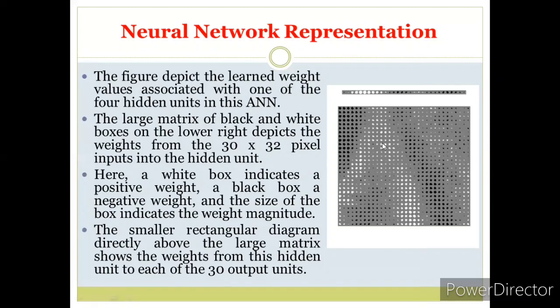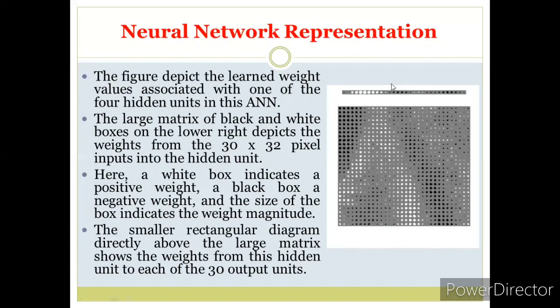So it is the cumulative operation of the input signals received by the hidden unit from the input image of 960 inputs. The smaller rectangular diagram at the top shows the weights from the hidden unit to each of the 30 output units.